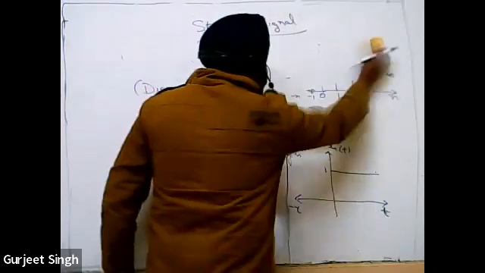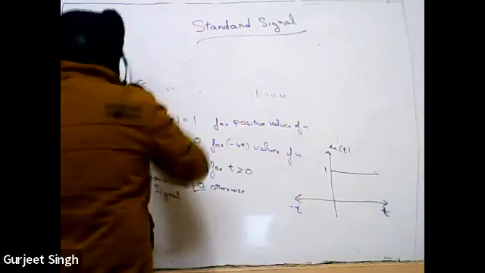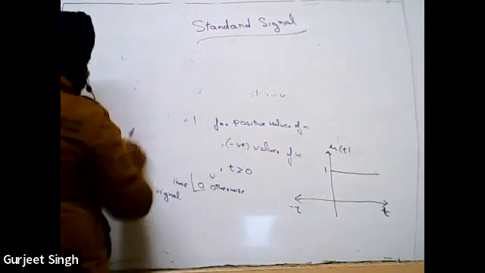The second type of standard signal we have is the signum function.